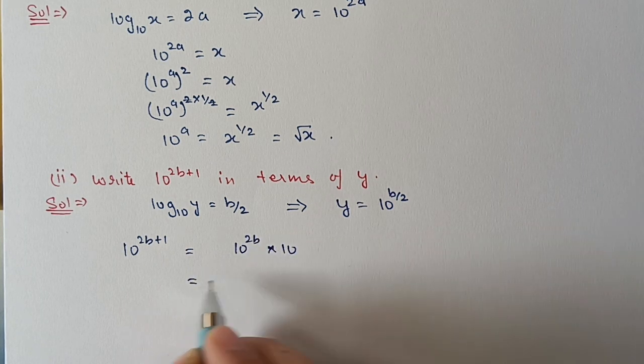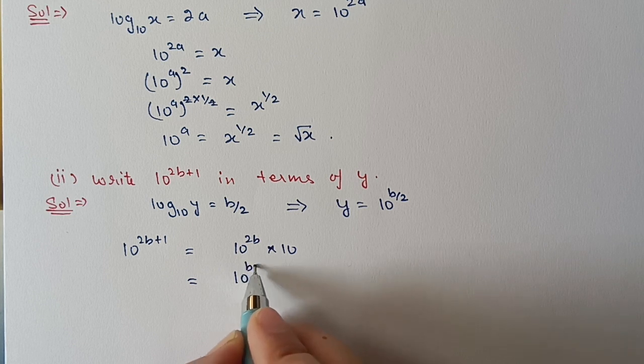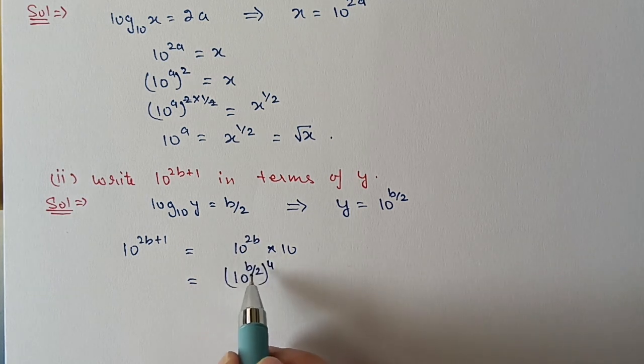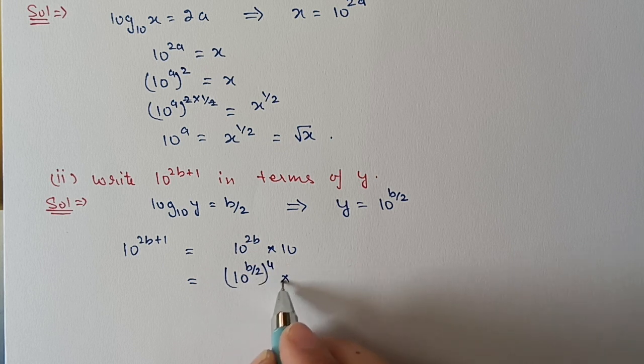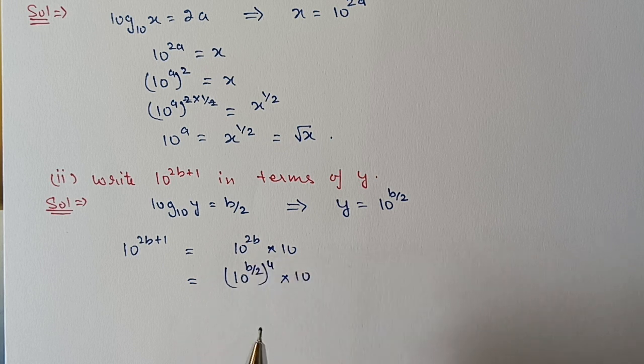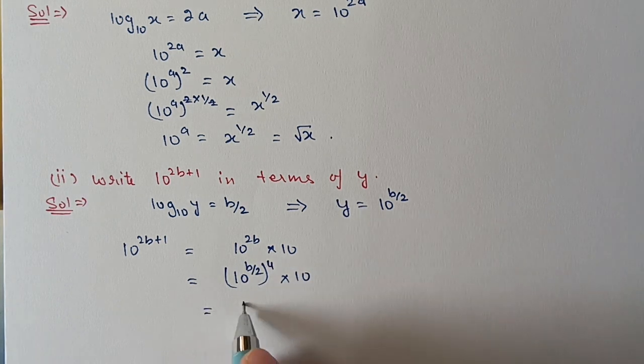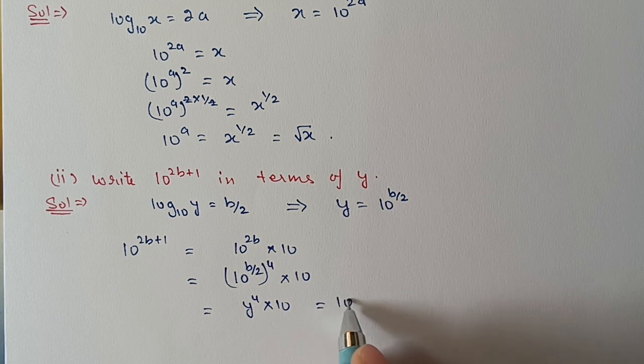A little more, we can change it to 10 to the power b by 2 whole to the power 4. 2b we can write like this also, b by 2 into 4. Finally it will be 2b only. Now this 10 to the power b by 2 is equal to y. So this is y to the power 4 into 10, or we can write 10 y to the power 4.